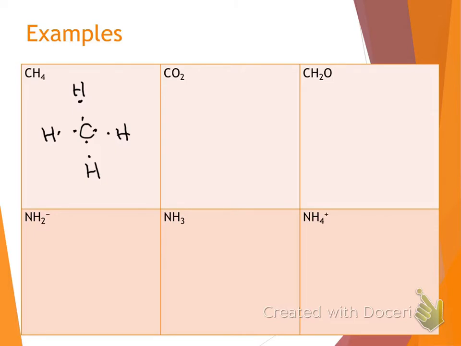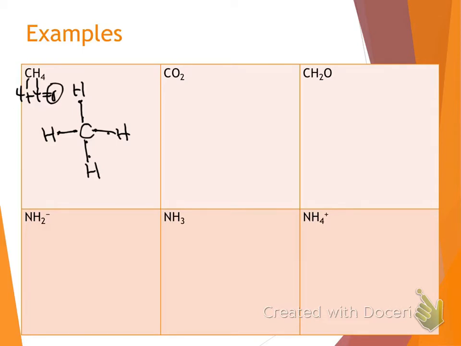Once we've added all those valence electrons, carbon has 4, each hydrogen has 1 for a total of 8, our elements have to share these 8 electrons so that everyone ends up with a full valence shell. Well, like we just saw, the single electrons tend to pair up. So these 2 electrons between carbon and hydrogen will become shared, and that will hold true all the way around.